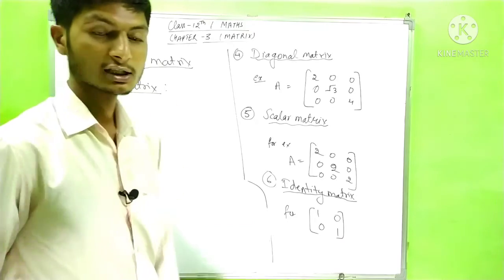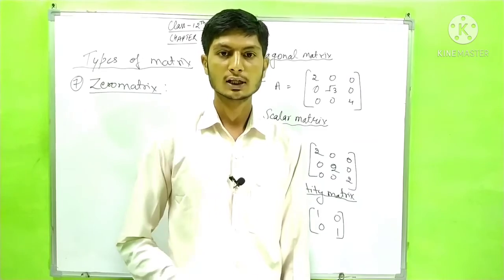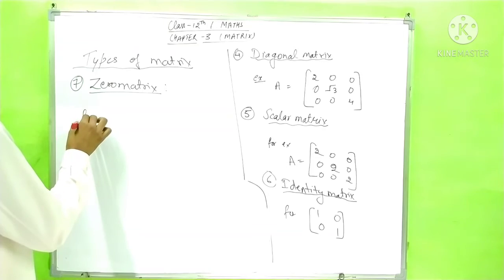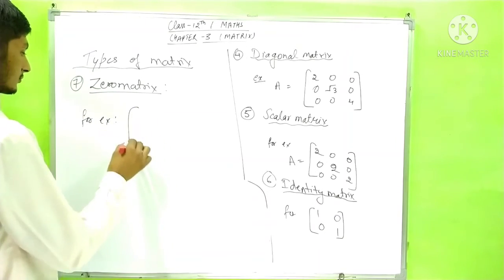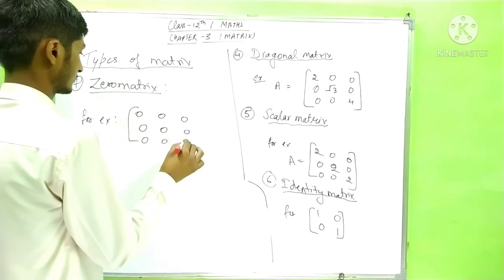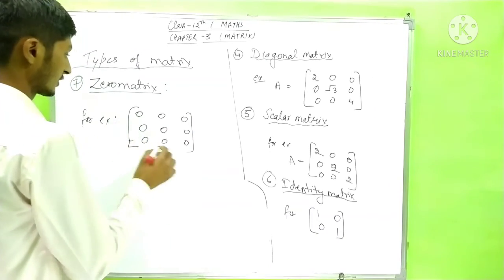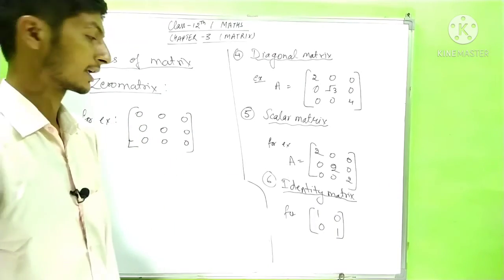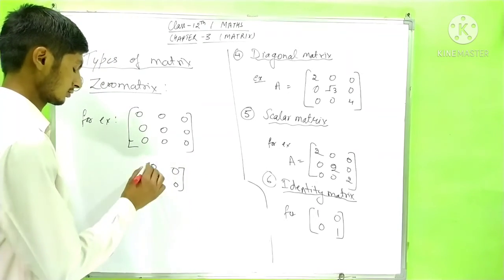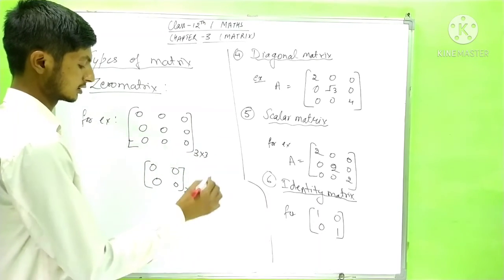So what is a zero matrix? A matrix is said to be a zero matrix if all the elements of the matrix are zero. For example, this is an example of a zero matrix of any order. It is also a zero matrix. This order is 3 and this order is 2 by 2.